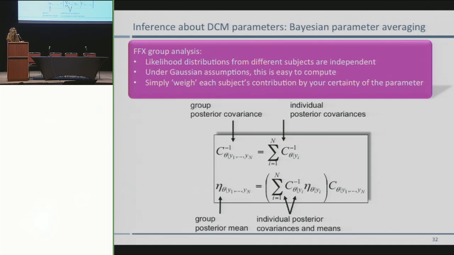It's just a simple weighting of each of your participants' posterior mean with their posterior precision or inverse variance. So therefore, if you have 20 subjects and you wanted to report just one parameter averaged over those subjects, what you could do is take a Bayesian approach and look at the goodness of the estimability reported via the precision of the posterior estimate, and then report just one number for your group.